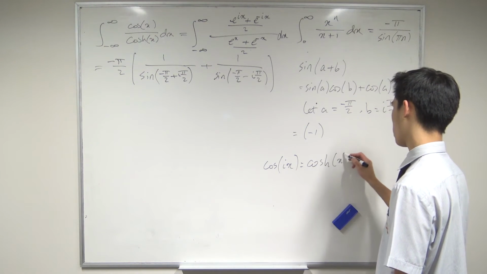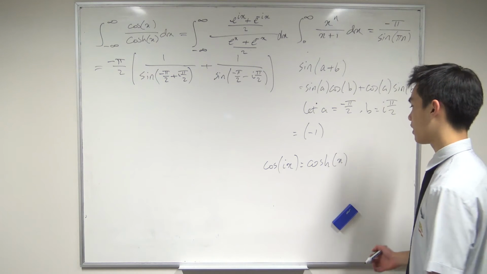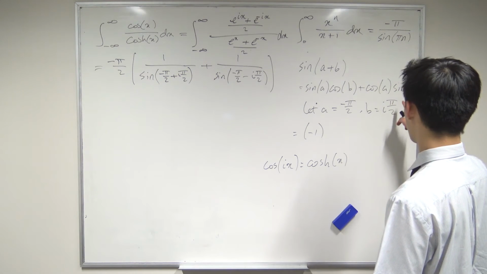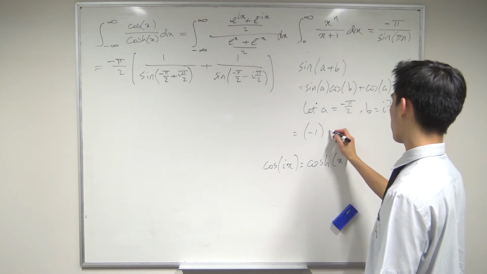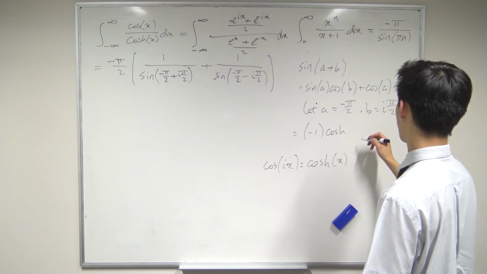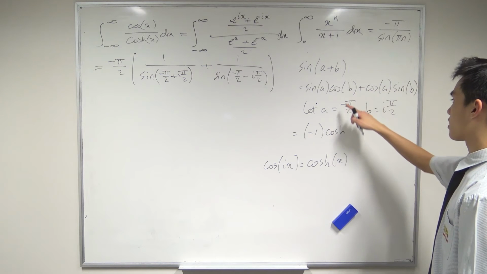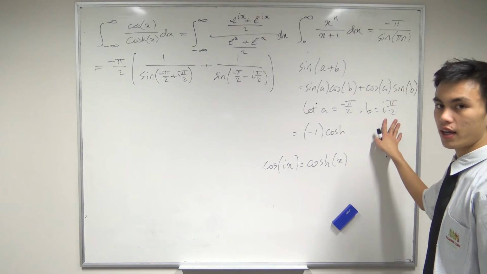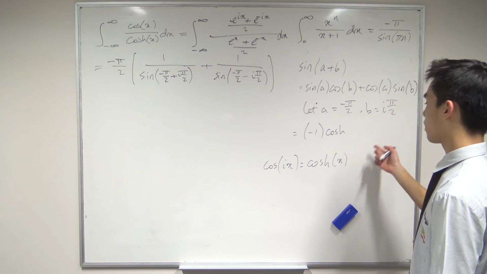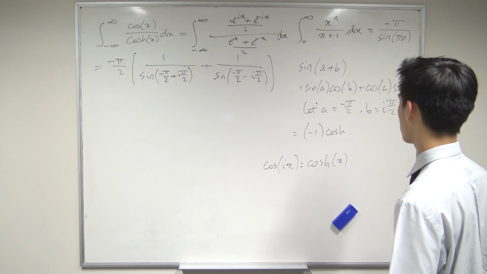So this is the same as cosh of x if x is a real number. So in this case right here, we're actually going to get cosh of pi on 2 because cosine of b, we don't want this i right here, so we're going to get rid of the i and turn the cosine into a cosh.